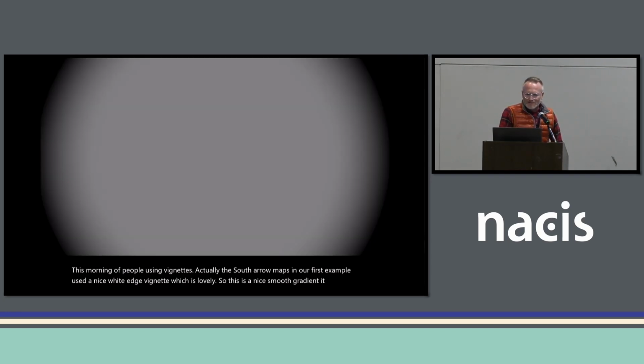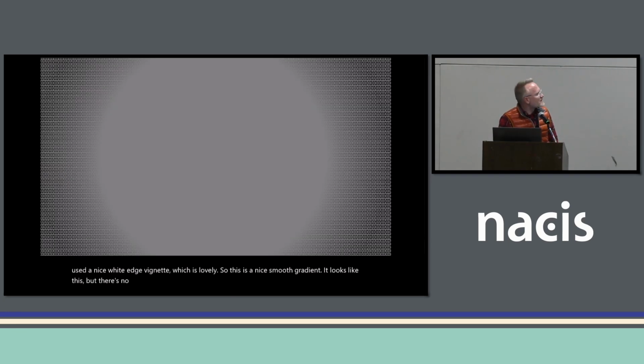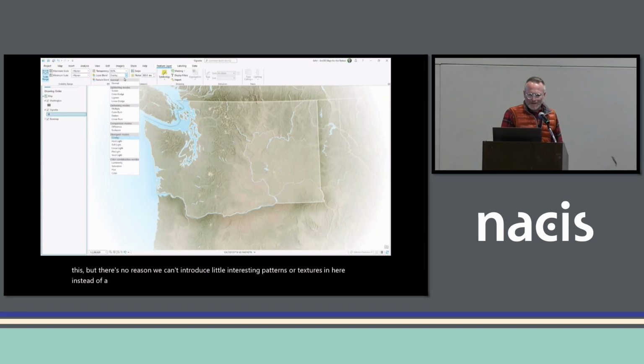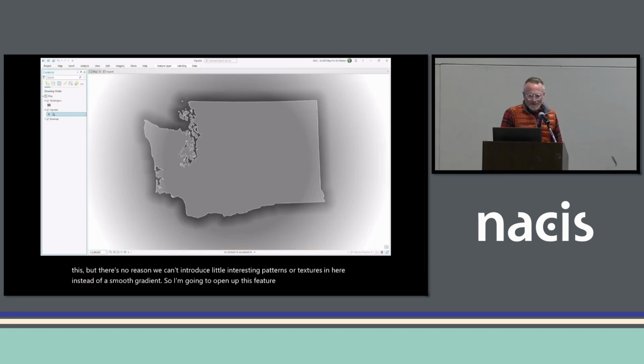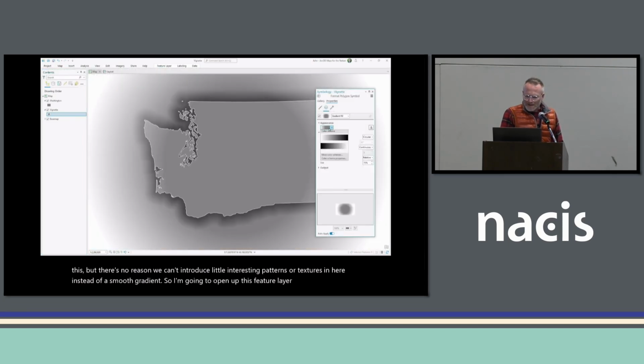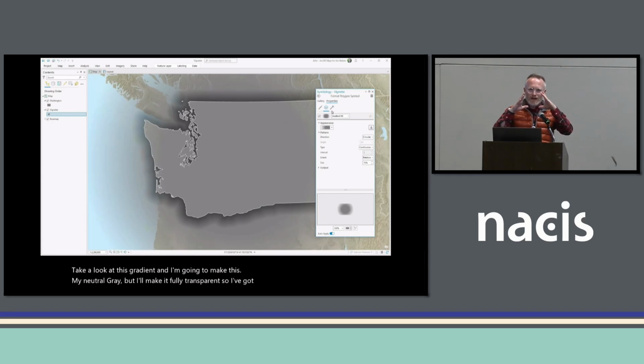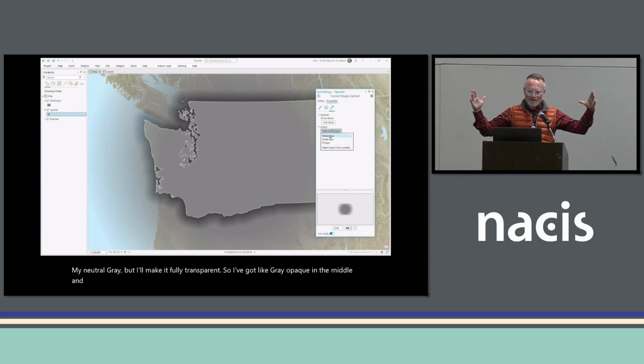It looks like this, but there's no reason we can't introduce little interesting patterns or textures in here instead of a smooth gradient. So I'm going to open up this feature layer and take a look at this gradient, and I'm going to make this my neutral gray, but I'll make it fully transparent. So I've got gray opaque in the middle, and then it transitions to nothing at the outside.